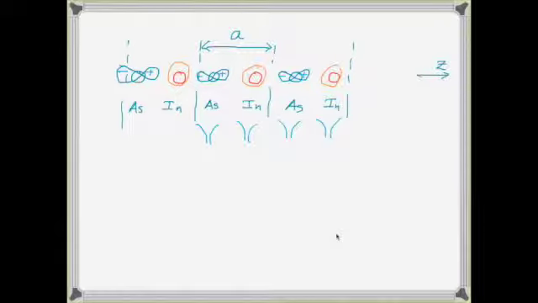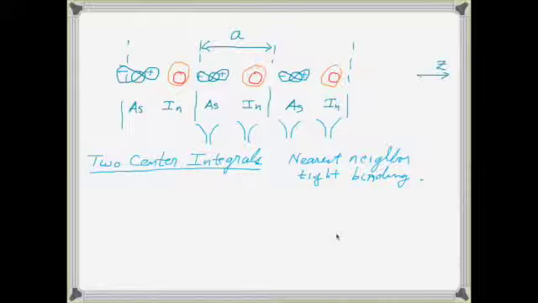For each atom, we're again going to consider our two-center integrals, just like we did before, where you only consider nearest neighbors when you calculate the matrix element. So it's our nearest neighbor tight binding model.